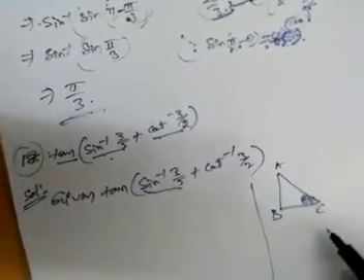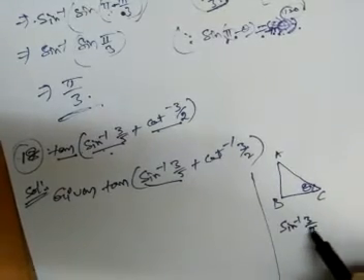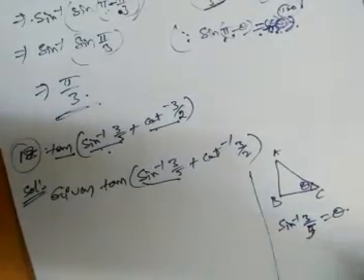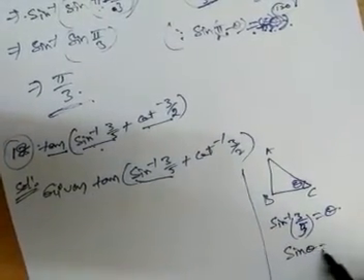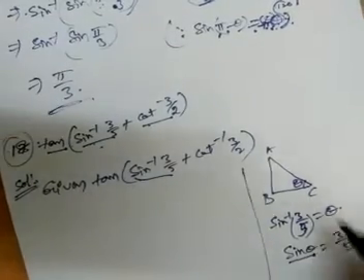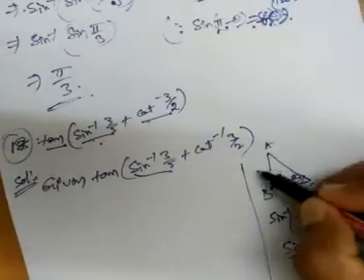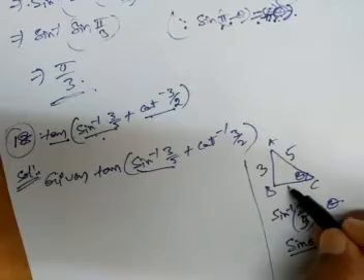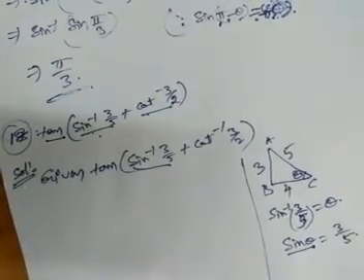Now we take sin inverse of 3 by 5 equals theta. Then sin theta equals 3 by 5. What is the value of sin theta? Sin is opposite side by hypotenuse. So opposite side is 3, hypotenuse 5. Then automatically the adjacent side is 4, if you apply Pythagoras.